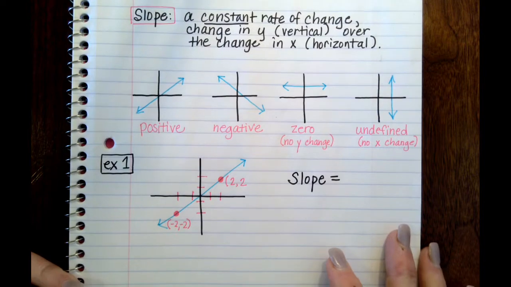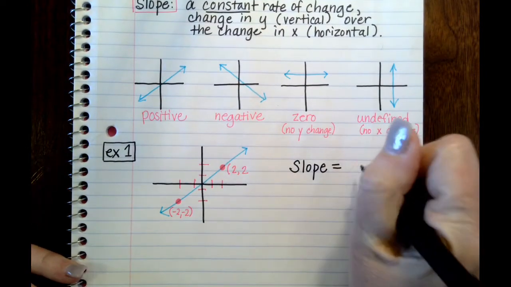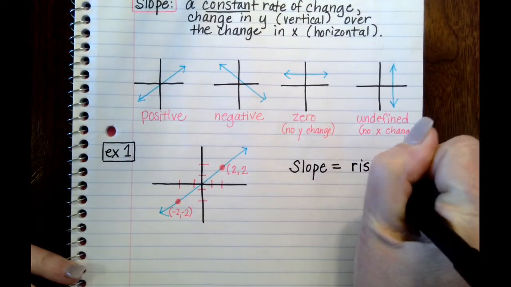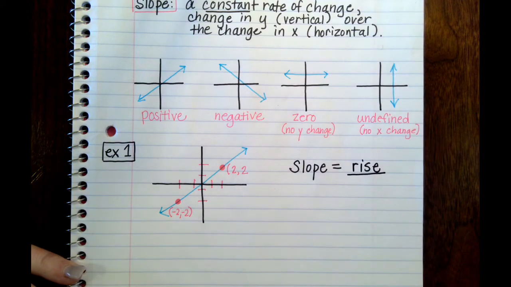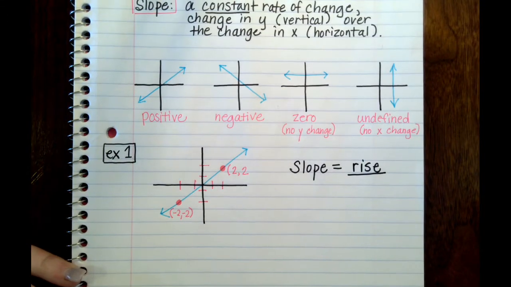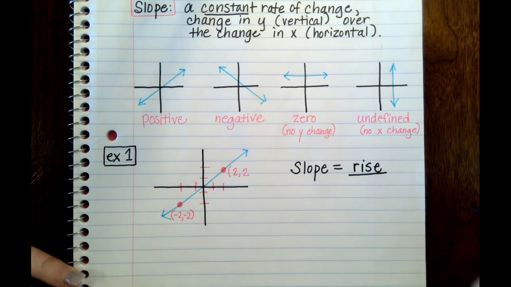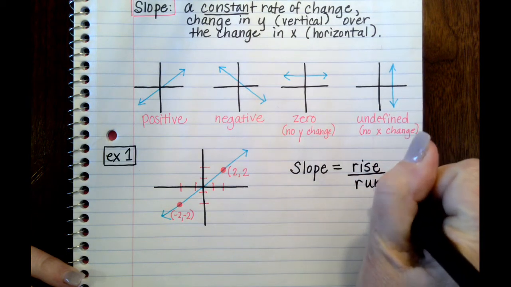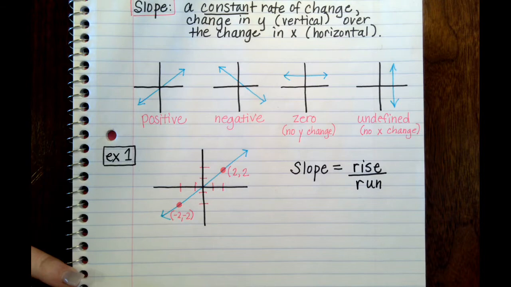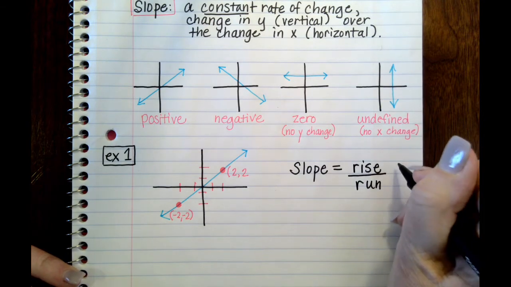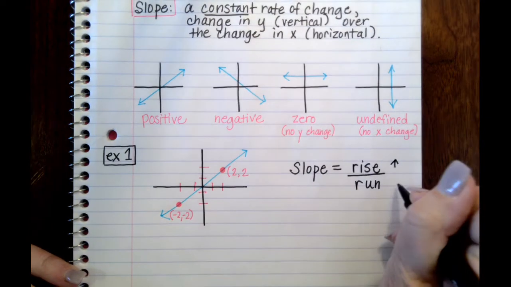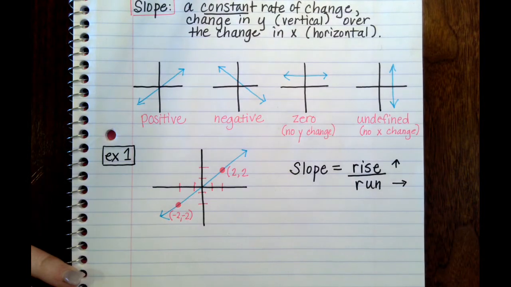So y represents the vertical, the up and down. That's the rise. So how far up is it going? Over the change in x, meaning how far over is it running or moving to the right. So rise would be how far up did it go, and run would be how far over did it go.